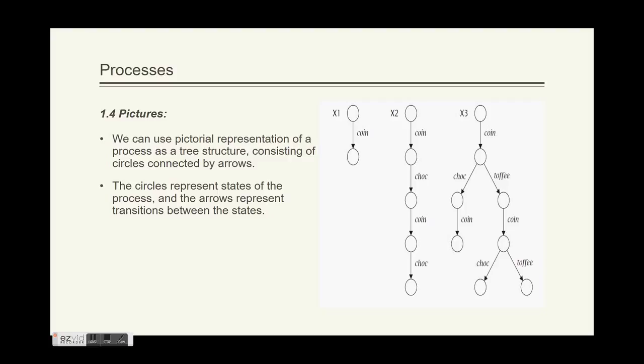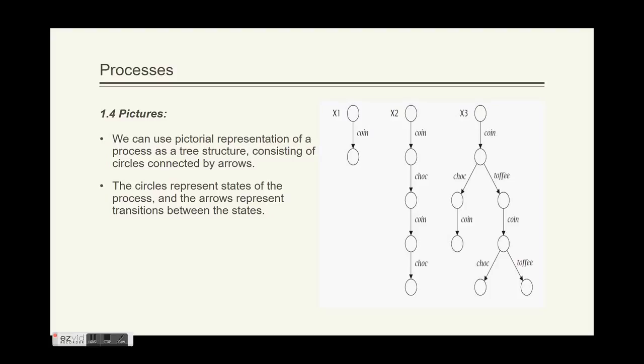Pictures. To represent the processes and events, we can use the pictorial representation of a process by representing it in a tree structure consisting of circles connected by arrows. Here the circle represents the state of the process, and the arrows represent the transition between states. For example, here we have three scenarios.